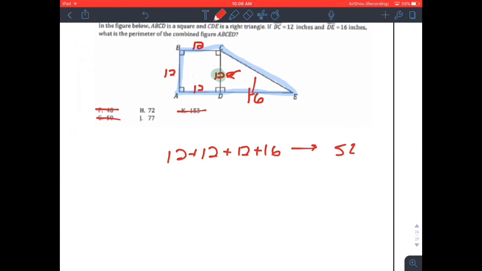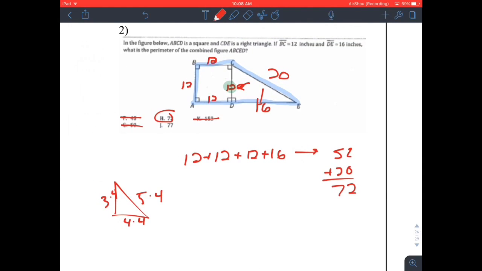You can use the Pythagorean theorem, it works wonderfully, or if you recognize this is a special right triangle based upon the 3, 4, 5, multiply each of these by 4, and you're going to find the length of this other side makes that 20. So that means this is 72.